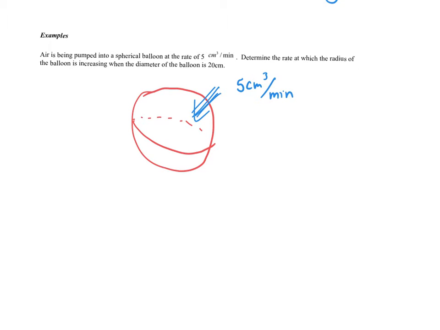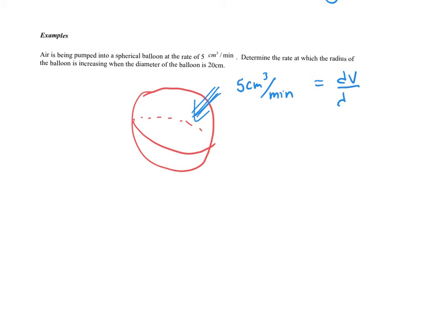So when I pump air into a balloon, the question is, what am I increasing? Well, if I increase the air in the balloon, what I'm doing is I am changing the volume. So what I'm given here is this is how much the volume is changing every minute.